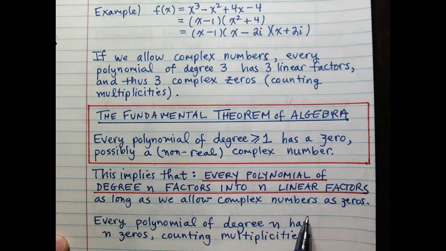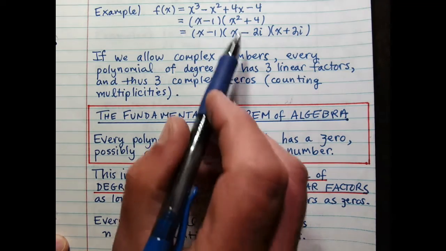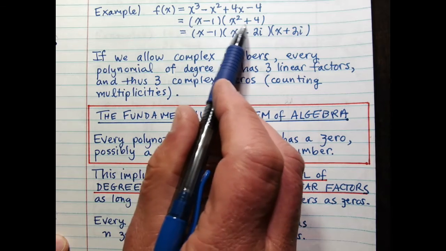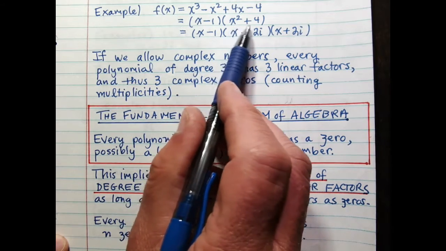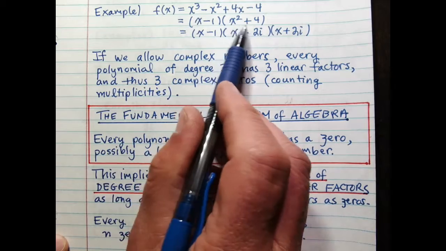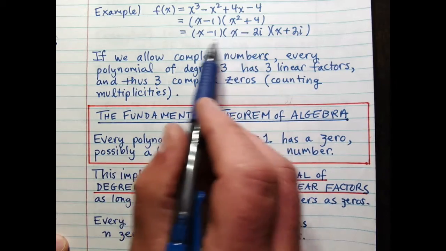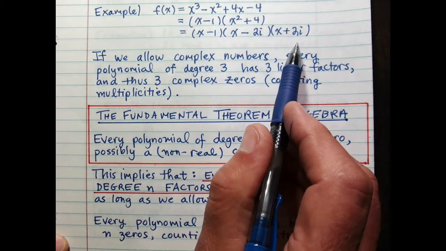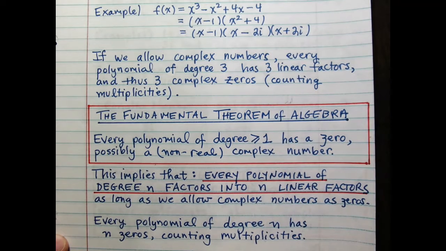If we don't have complex numbers, we'll get stuck in the factoring. Like in that example up above, we wouldn't be able to get beyond x squared plus 4, which is not a linear factor, without complex numbers.